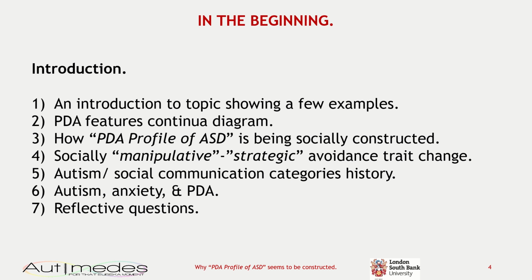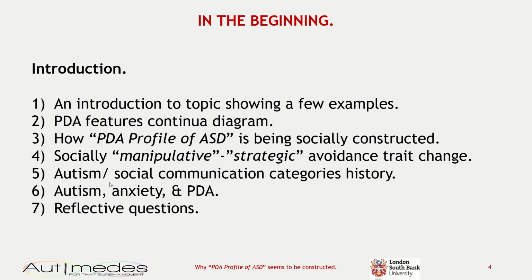The first one will be the PDA features continua diagram. I will briefly talk about factors that indicate that PDA is socially constructed before moving on to 3 examples. One is the socially manipulative or strategic avoidance trait change.